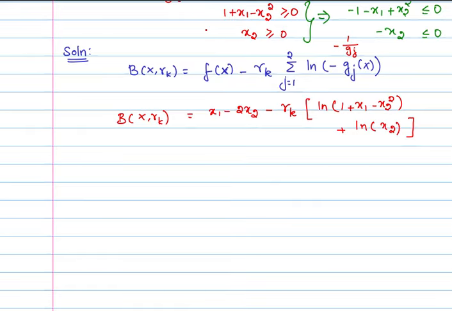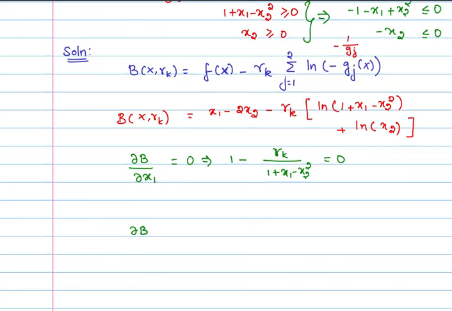Now the first step is I want to take the partial derivative with respect to x1. So dou b by dou x1 equal to 0. That is the stationary condition. If you take the derivative with respect to x1, 1 minus 2 x2 is independent of x1, so 0. This is minus rk divided by 1 plus x1 minus x2 square. Taking the derivative with respect to x1, it becomes 1. This is equal to 0.